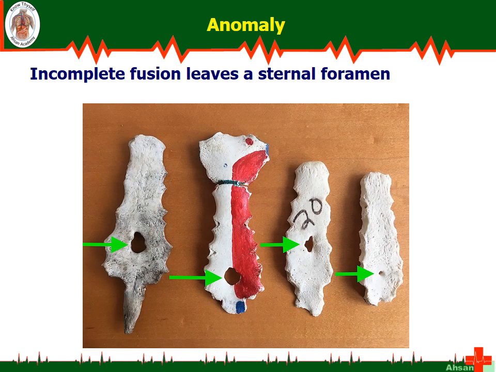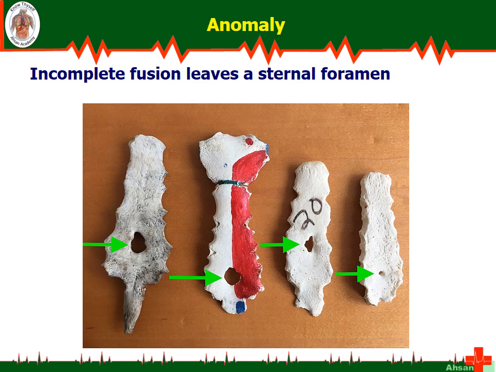Sometimes fusion between the 2 plates fails and remains soft tissue, usually in the body in the midline. Bone cannot be found in this area. So this soft area may be found in some sternum. This is an anomaly, and this is known as sternal foramen.